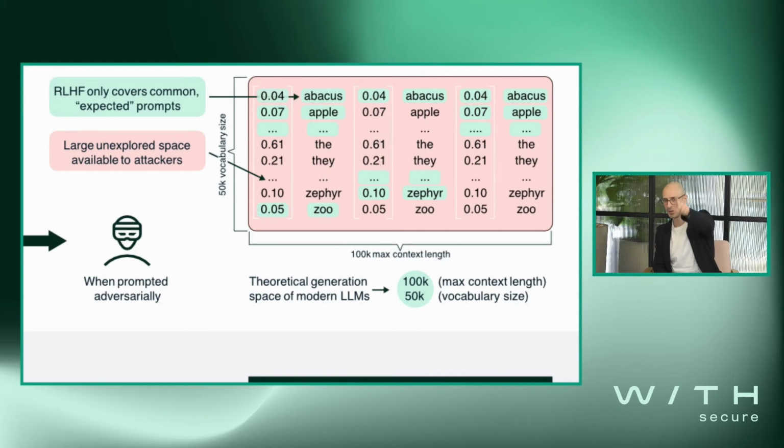That's the first line that you see here. Now, each of them is going to be how probable that word is. So if you look at this example, we probably have apple as the most probable word, okay? And then we've got abacus. So it would sample one of these words. Then it would go to the second generation.